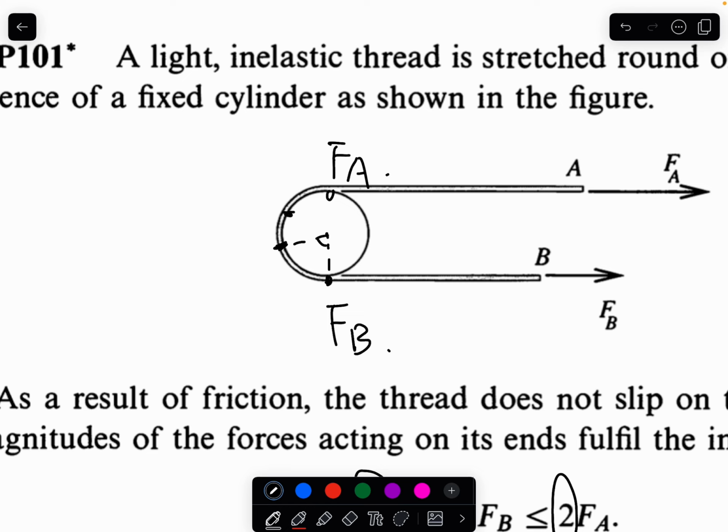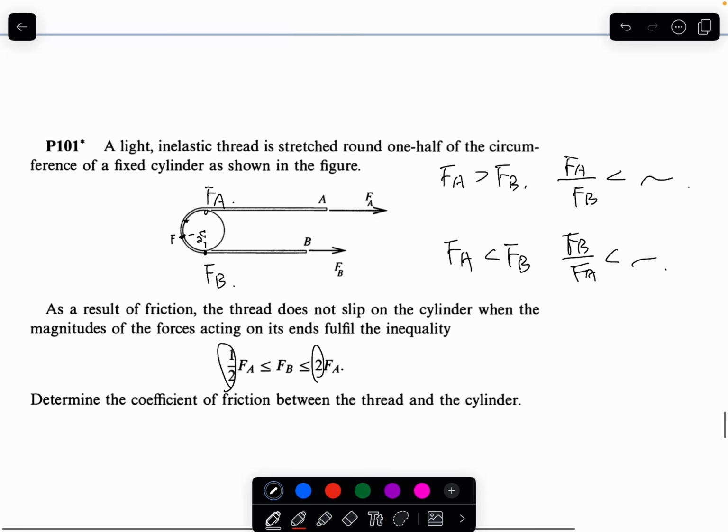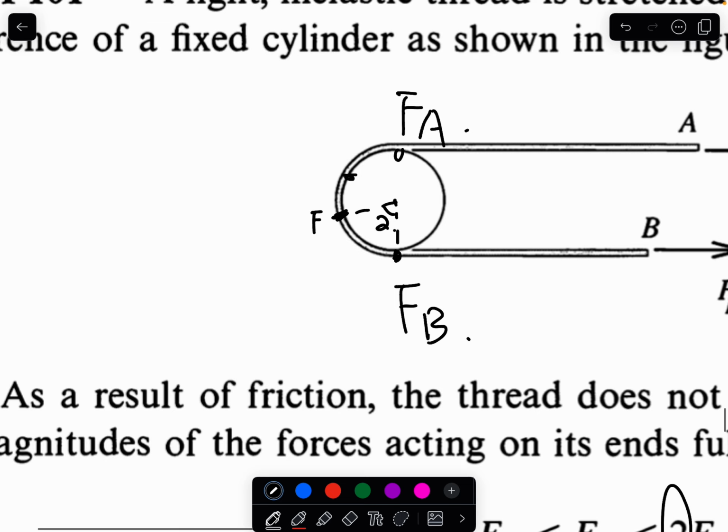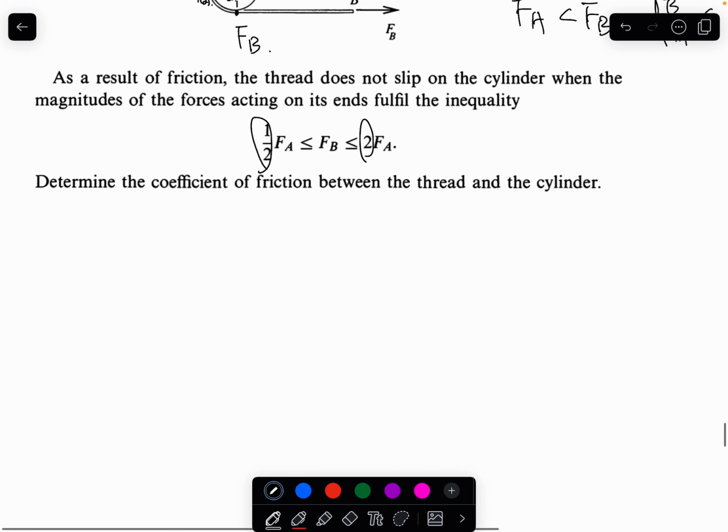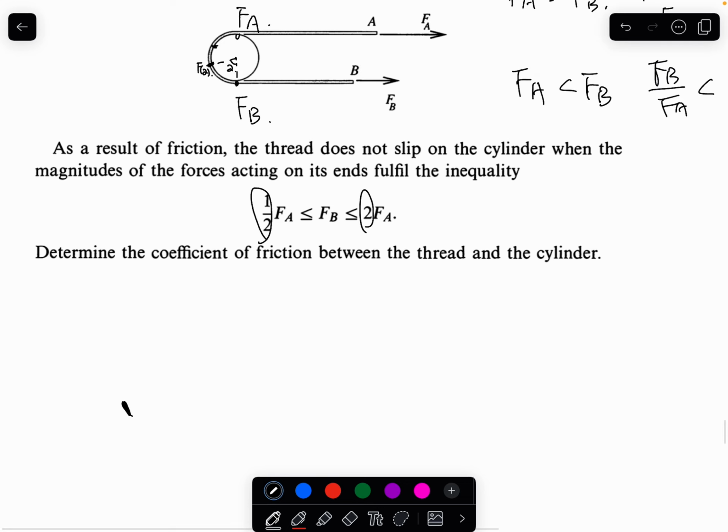Assume we are going to figure out the tension F here, at this angle alpha. So I will denote this F by F of alpha. We will concentrate on this little part of the circle. Here we have F of alpha, and here we have F of alpha plus delta alpha, so this is delta alpha and this is alpha.